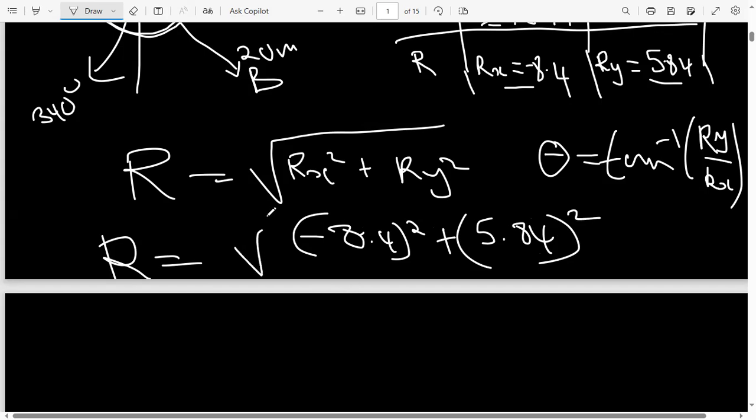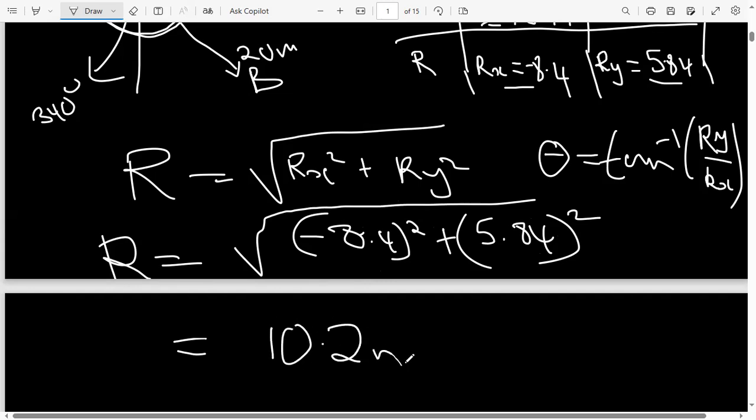Okay, then we have this square root outside like that. So you just punch those into the calculator to be able to give you an answer. Okay, so my calculator is giving me the magnitude of A plus B will just be 10.2 meters.